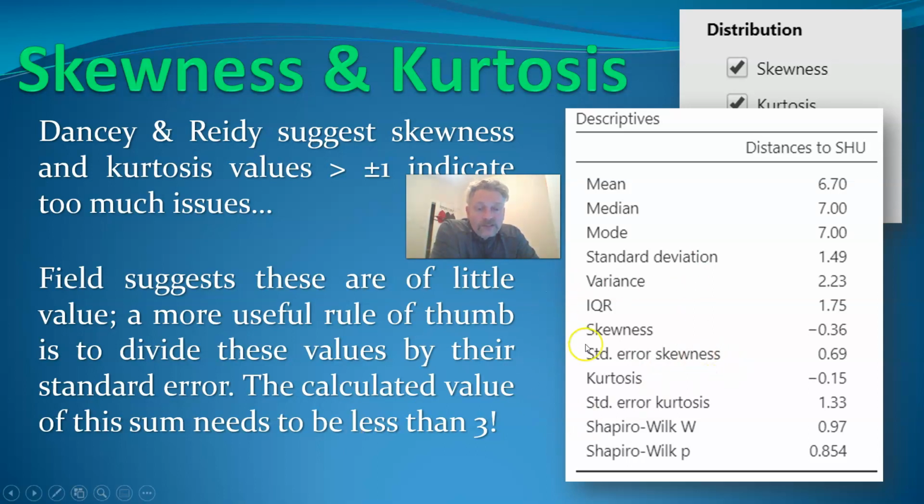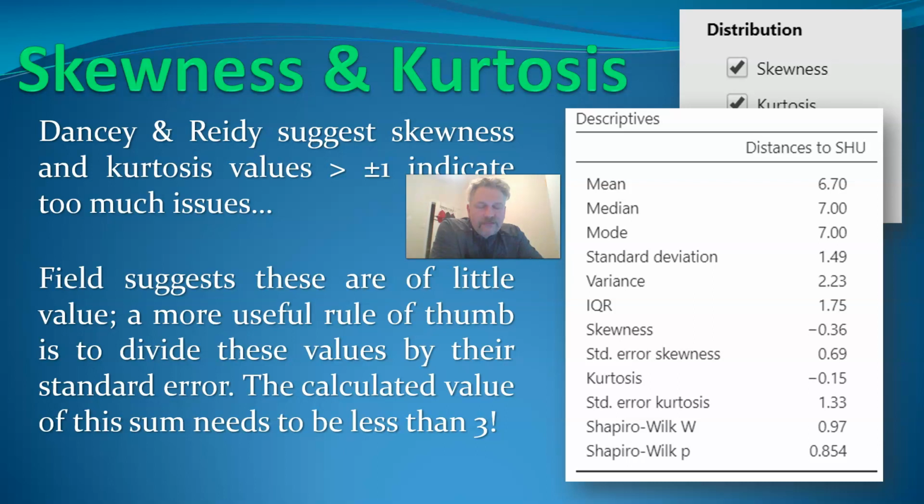The smaller the standard error, the more accurate or the more representative your participant sample data is. But all we do is divide the skewness by its standard error. And if you've got a value higher than 3, strictly speaking, it's 3.29, then that is where you have problems.